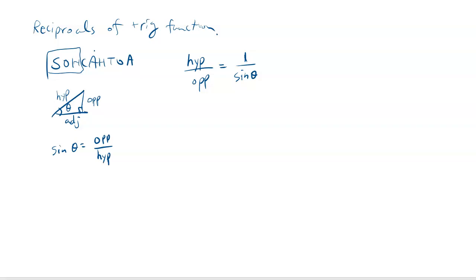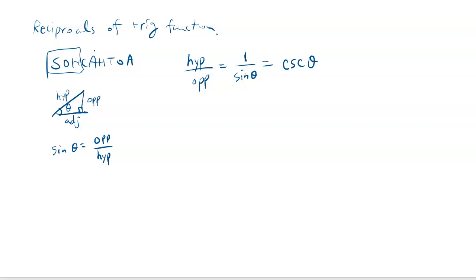And sometimes when the sine is in the denominator, it's preferred that you write it in an easier format, and that's when people decide to come up with a new function, which is the reciprocal of the sine function, and they call that the cosecant function.